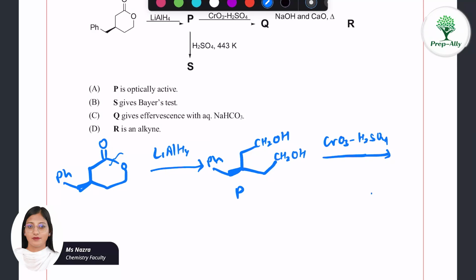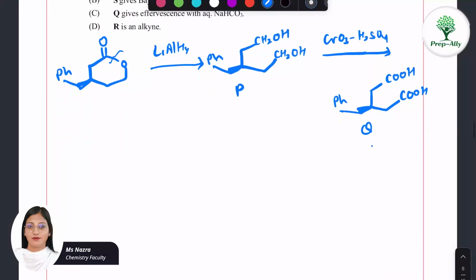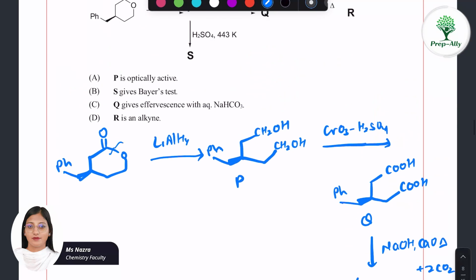It will convert this alcohol and further oxidize it into acid, COOH. This is your Q. Now further we are adding sodium hydroxide, calcium oxide and heating it. This is nothing but your decarboxylation. Two CO2 molecules will be removed from here, and you will get this compound R over here.